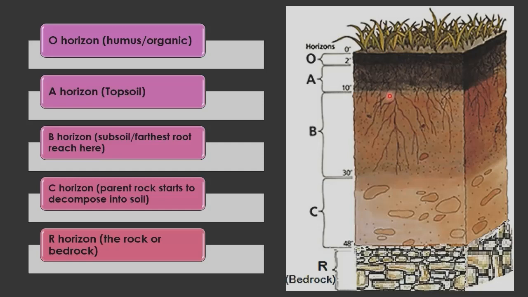Now we will be moving on to the B horizon. It is the B horizon where the root of a plant can reach the farthest. This is also called the subsoil.